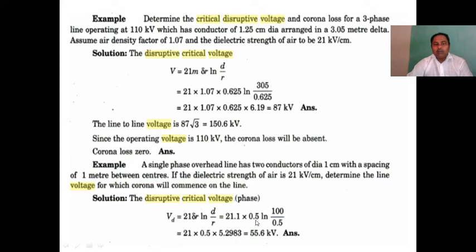So r log d by r is 0.5 log 100 by 0.5, and they have given 21. Substitute all the values, and we get the critical disruptive voltage as 55.6 kV. Very simple problem. If they do not give the air density factor and surface irregularity factor, you consider them as 1.